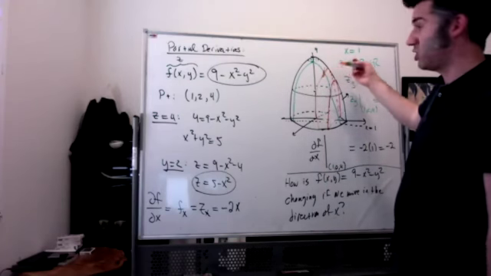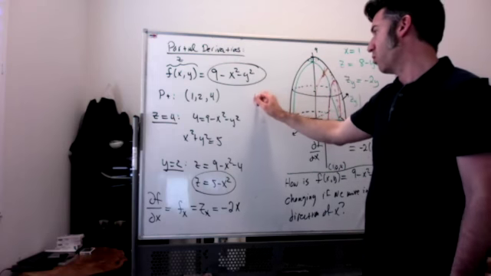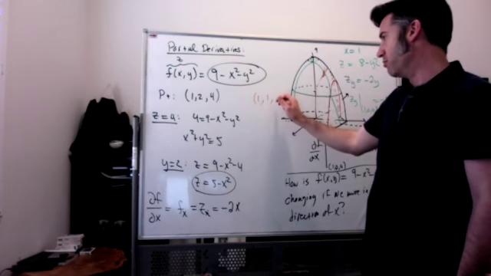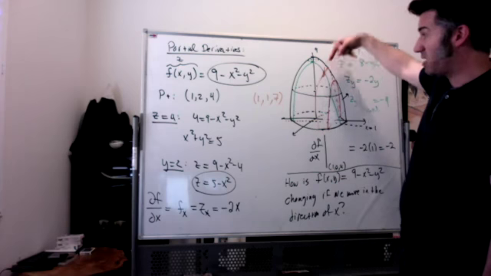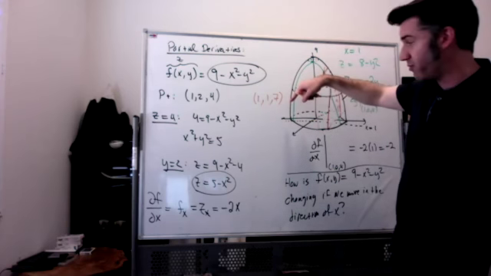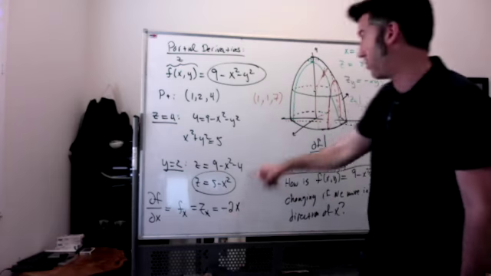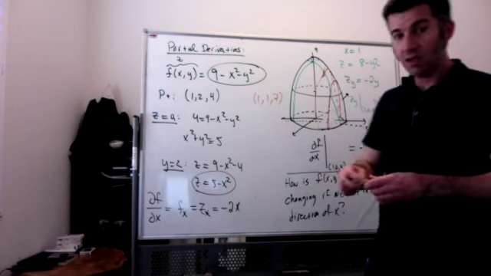Because if I haven't changed my x coordinate, and I'm asking what the derivative in the x direction is at x equals 1, well, the derivative is still negative 2x. If I plug in 1, it's still going to be negative 2. So that's what the mixed partial being 0 means.